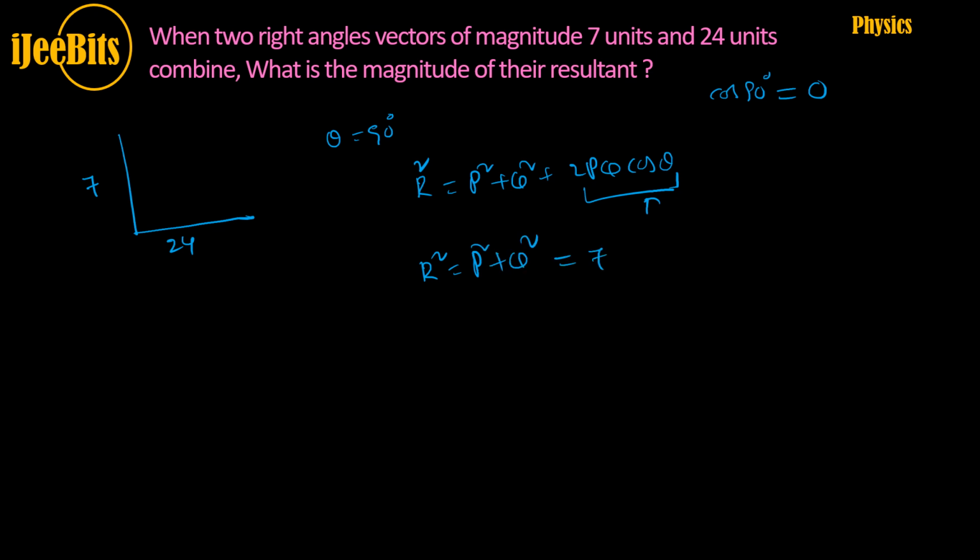So 7 square plus 24 square. How much? 49 plus 576. This is 625. So R equals square root of 625, which is nothing but 25.